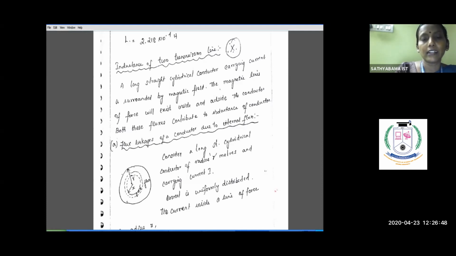I hope you can recollect it. That assumption is nothing but your current density. We are assuming the current density to be equal throughout the conductor surface here.